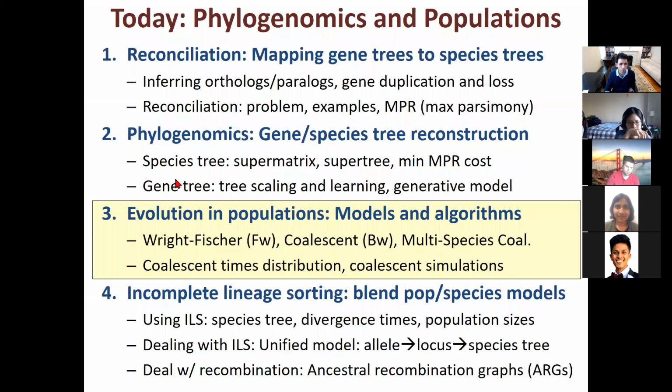Okay, so this is basically looking at number one, reconciliation, this whole concept of having gene trees and species trees as separate types of objects.